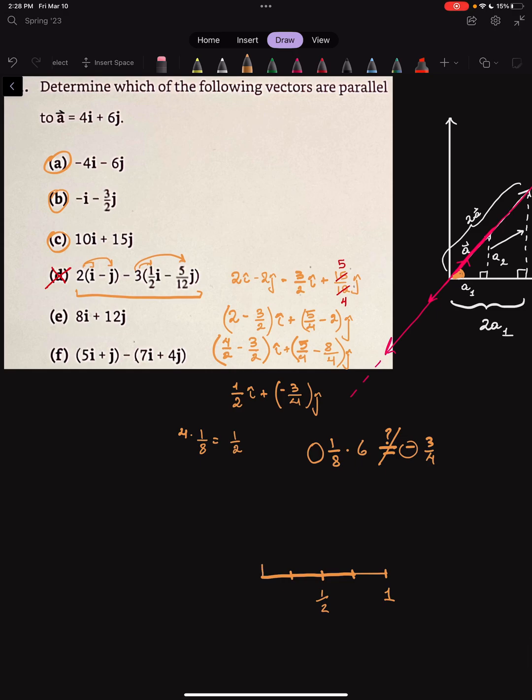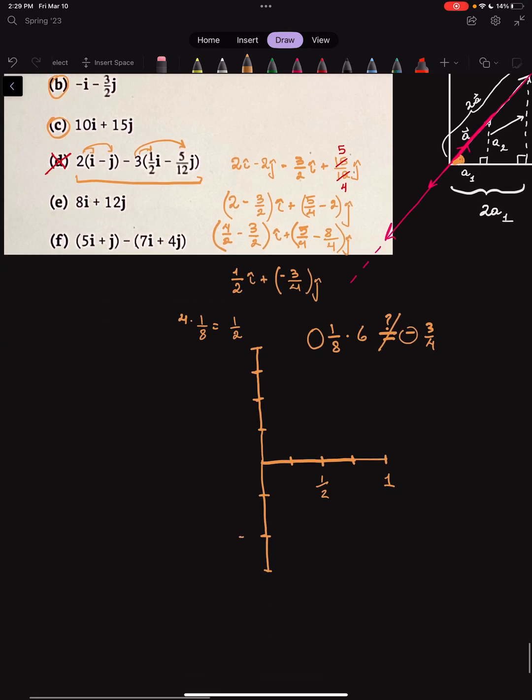And then say this is 4 as well, but we're in the negative direction. So this would be -3/4, because this would be 1 again, this would be 1 divided by 4 parts. And so then we'd plot this guy right here.